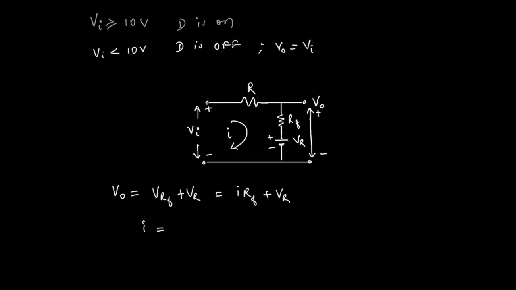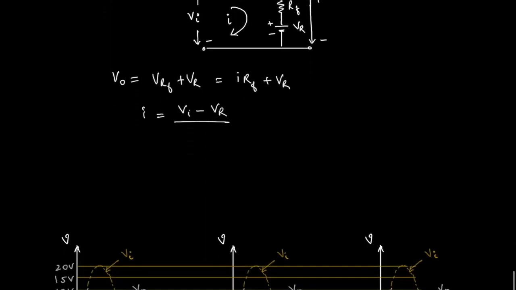But we also know that I is (Vi minus VR) divided by (R plus RF).